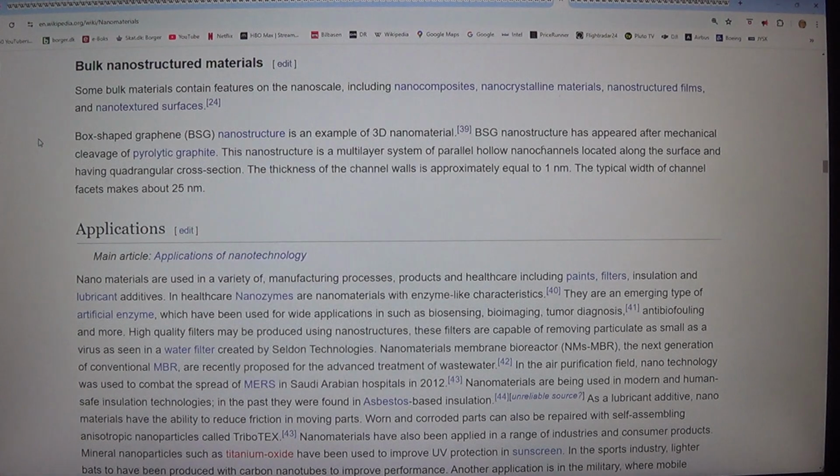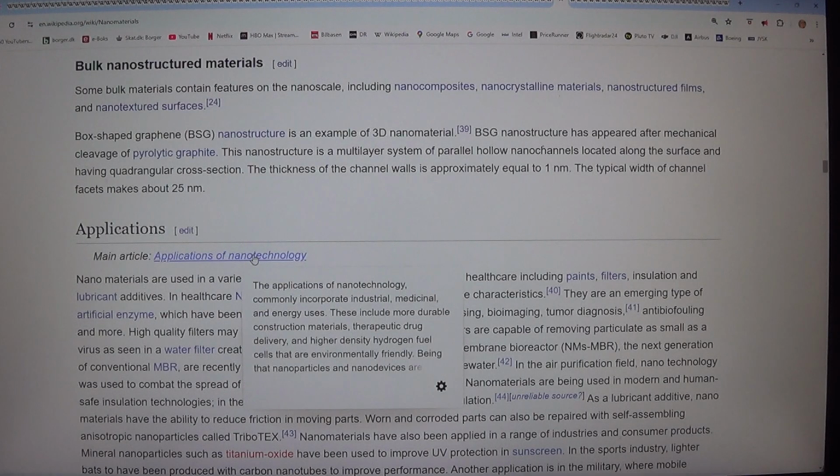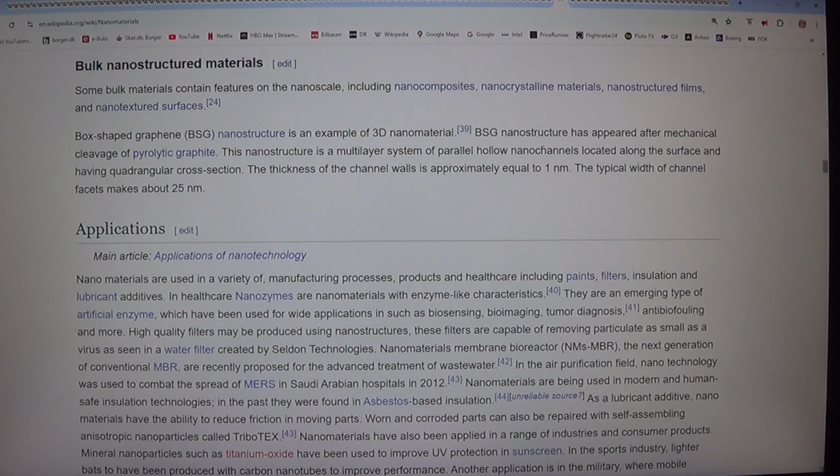BSG nanostructure has appeared after mechanical cleavage of pyrolytic graphite. This nanostructure is a multilayer system of parallel hollow nanochannels located along the surface and having quadrangular cross-section. The thickness of the channel walls is approximately equal to 1 nm. The typical width of channel facets makes about 25 nm.